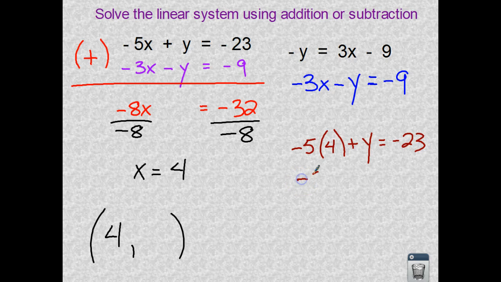And the math, negative 20 plus y. Add 20 to both sides. We get negative 3. Solution: ordered pair of 4, negative 3.